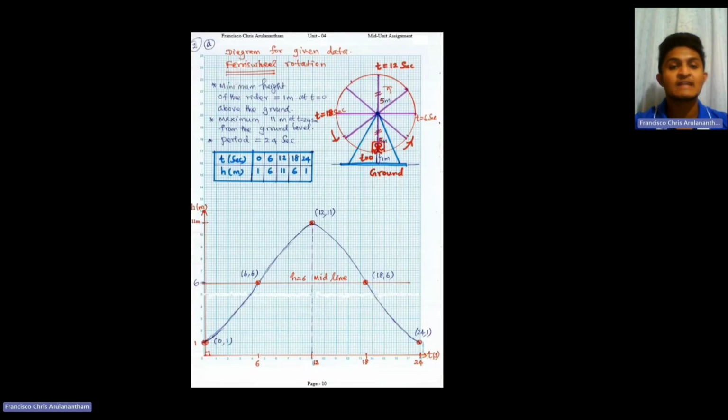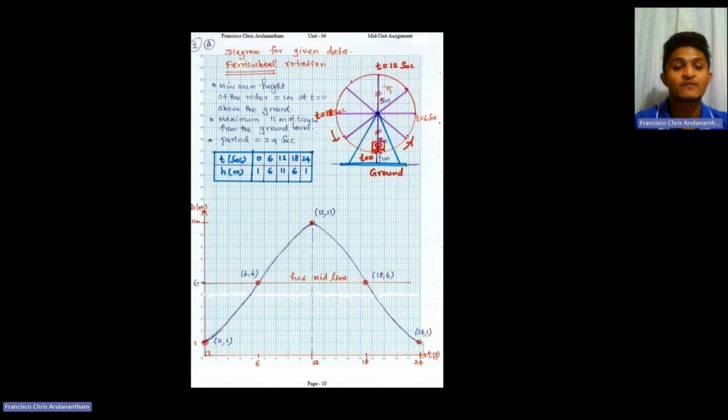Diagram for the given data, Ferris wheel rotation. Minimum height of the rider is 1 meter at t equal to 0 seconds above the ground. Maximum 11 meters at 24 seconds from the ground level.